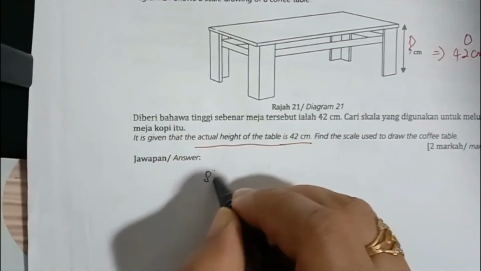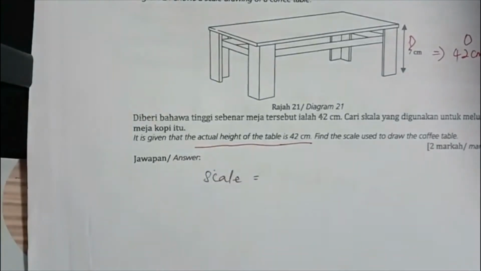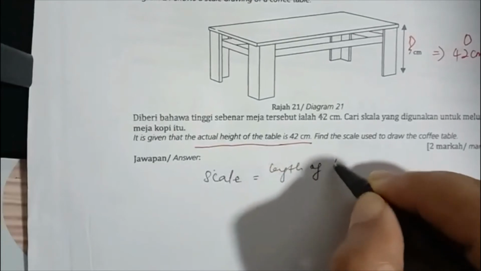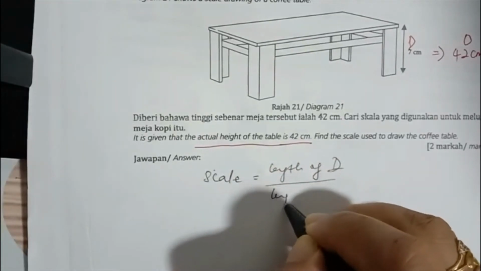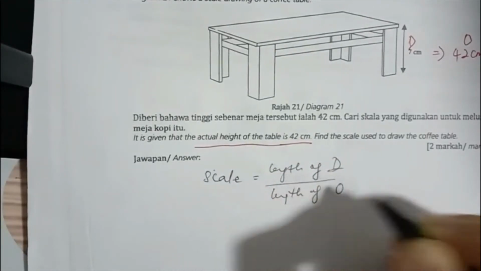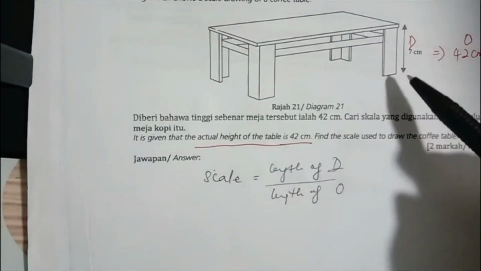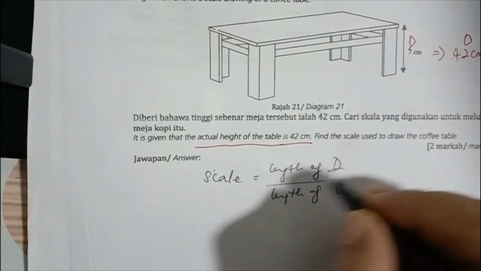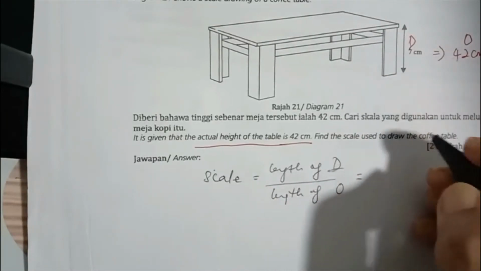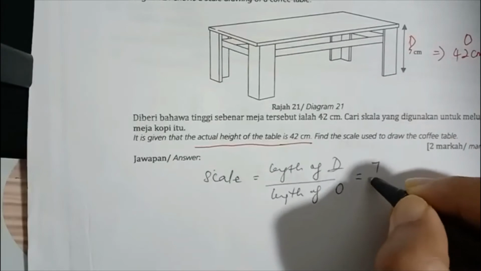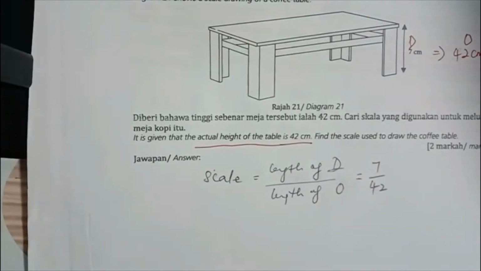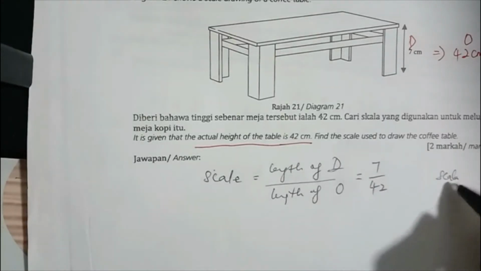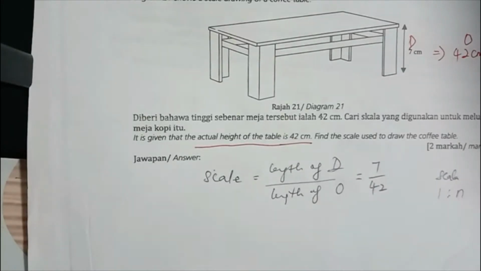Remember scale. Scale is equals to length of drawing divided by length of object. The corresponding yang sepadan. Okay. So height. So scale dia ialah drawing is 7 over 42. And remember, scale always stated in 1 to n.